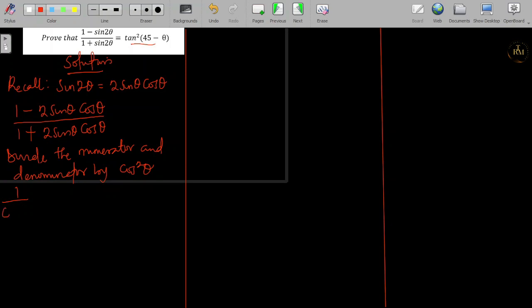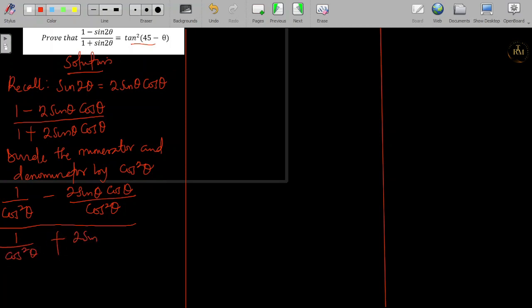So I'm going to have 1 over cos squared theta minus 2 sine theta cos theta, also divided by cos squared theta, all over 1 over cos squared theta plus 2 sine theta cos theta divided by cos squared theta.